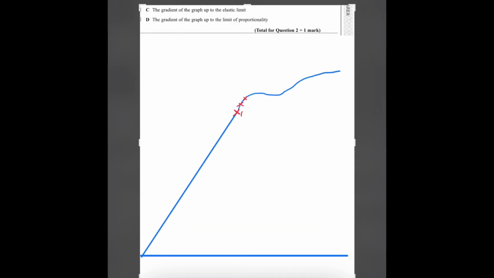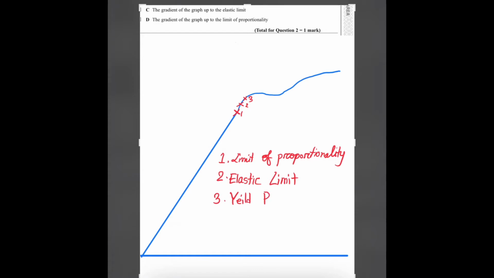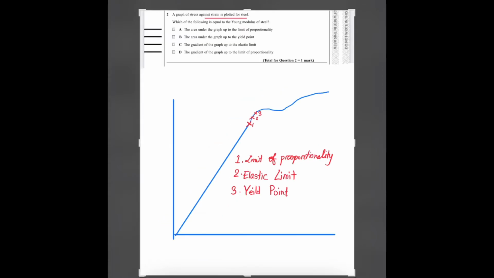Number 2. A graph of stress against strain is plotted for steel. So a graph for stress against strain would look like this. It says, which of the following is equal to the Young's modulus of steel?